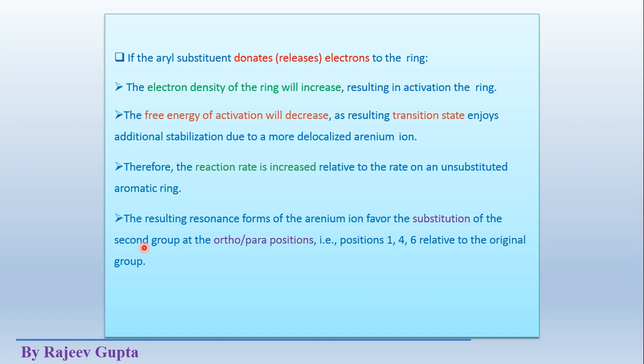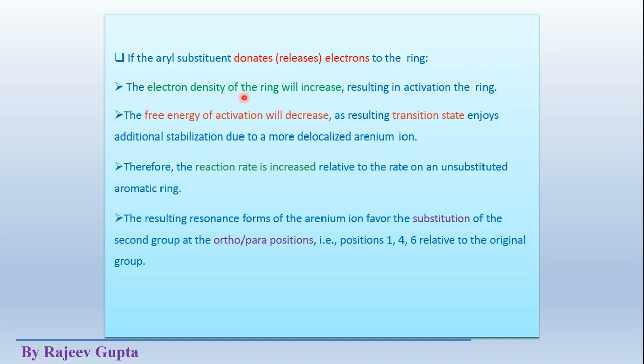Now, if the aryl substituent donates electrons to the ring, aryl substituents means on a benzene ring another benzene ring is present. That aryl substituent donates or releases electrons to the ring. Means these aryl substituents or phenyl substituents donate electron density towards the ring on which the electrophilic substitution takes place.